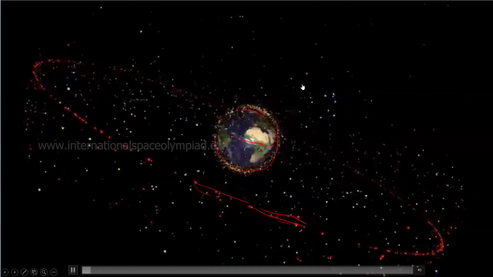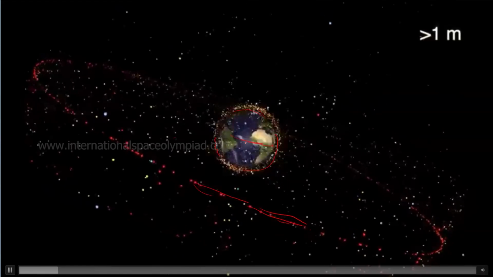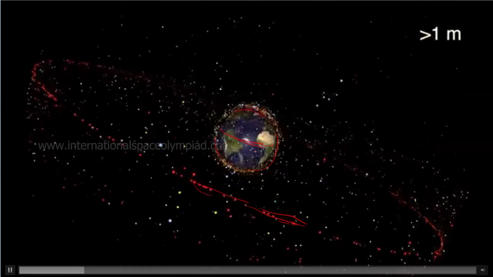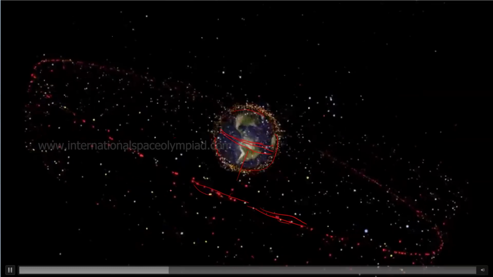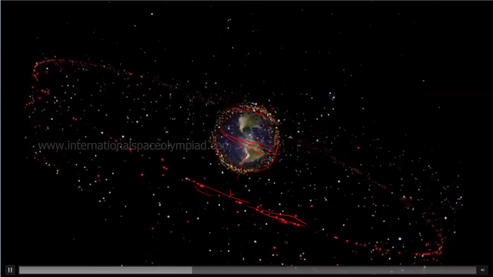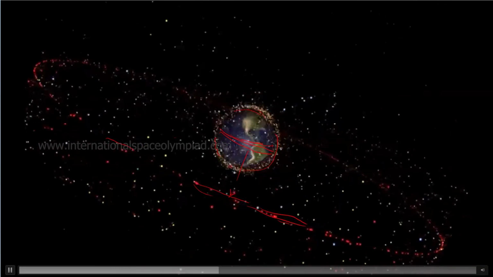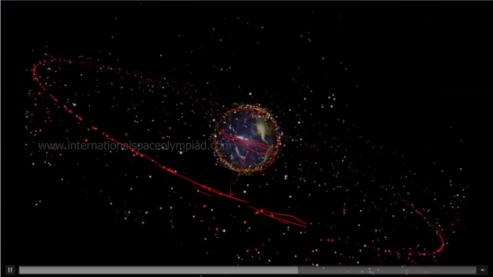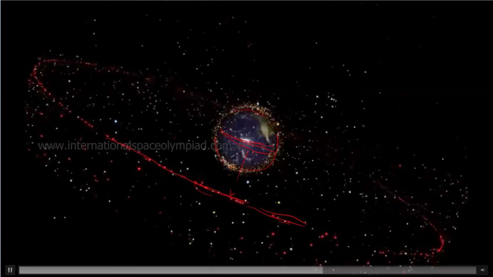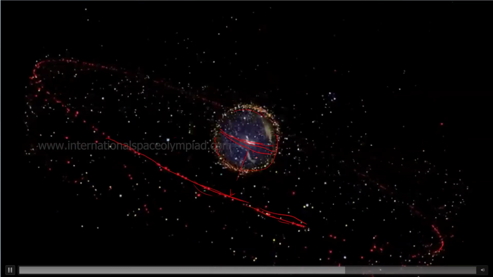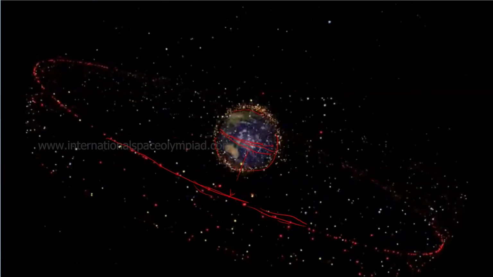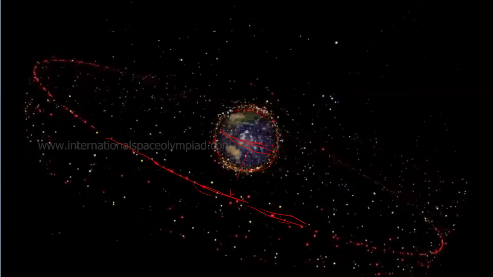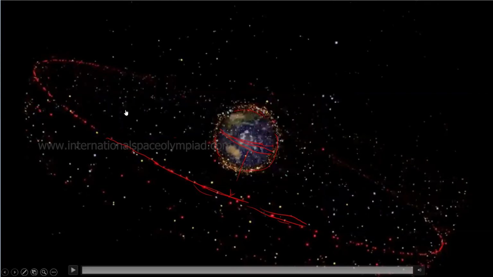It is assumed that the Earth's equator comes something like this, and it is exactly above the Earth's equator. So this thick red line is an orbiting satellite which is moving exactly at the speed at which Earth rotates, and which is exactly above the Earth's equator. It has a special name as well. We will discuss it.